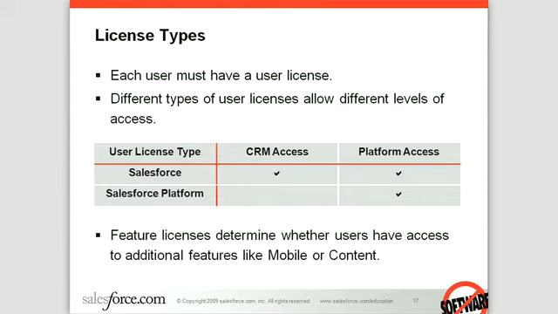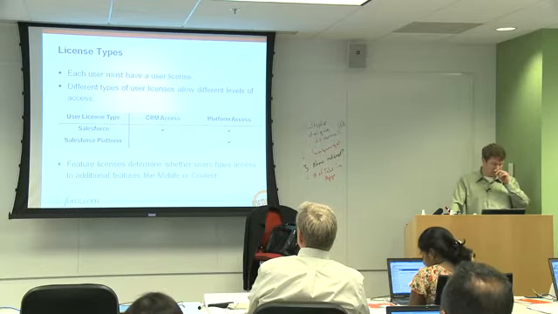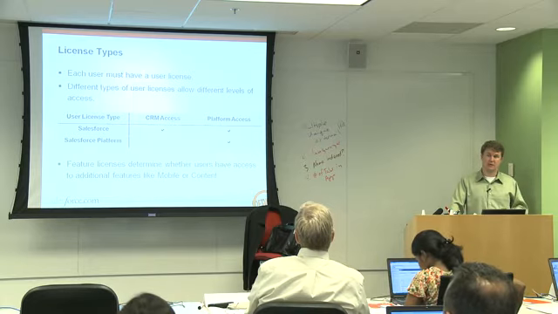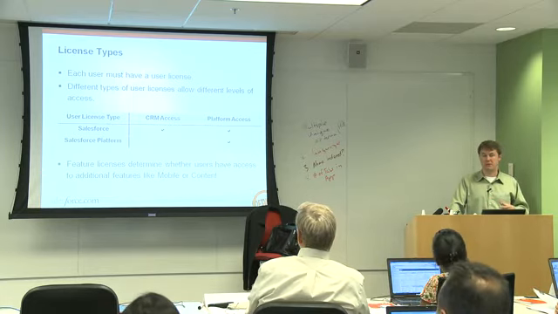All right, so first of all, a profile is the mechanism by which we assign different types of licenses to different users. One of the things that we set up in a profile is we associate one of our licenses with that profile.